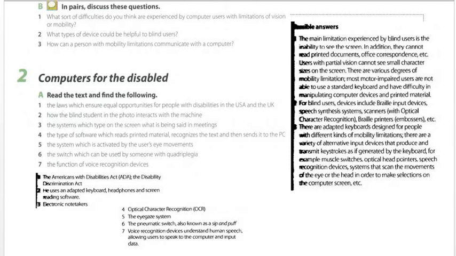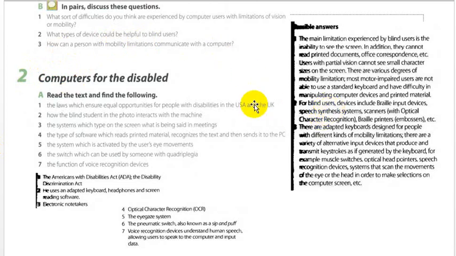There are various degrees of mobility limitation. Most motor impaired users are able to use a standard keyboard and have difficulties in manipulating computer devices and printing material. The second question: what type of devices could be helpful to blind users?